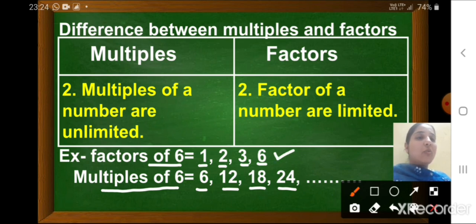You cannot move beyond this number 6 for the factors of number 6. But for multiples, you can multiply 6 by any counting number to get its multiple, isn't it? So what does it show? The multiples of a number are unlimited. Multiples are unlimited whereas factors are limited. Okay.